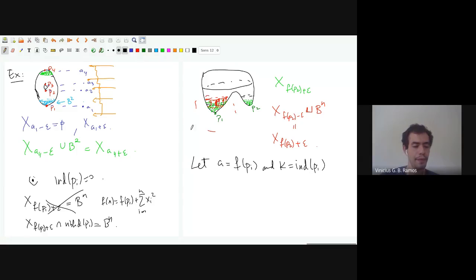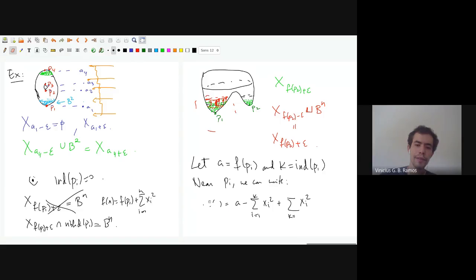So again, by the Morse lemma, near pi, we can write that f of x is equal to A minus the sum of xi squared from 1 to k plus the sum of xi squared from i equals k plus 1 to n.